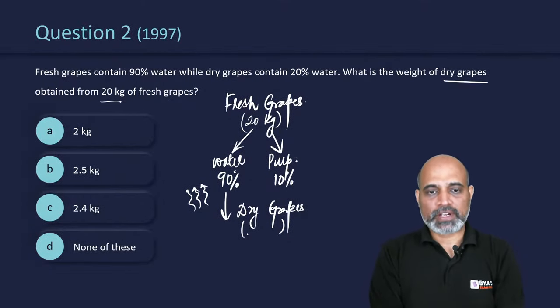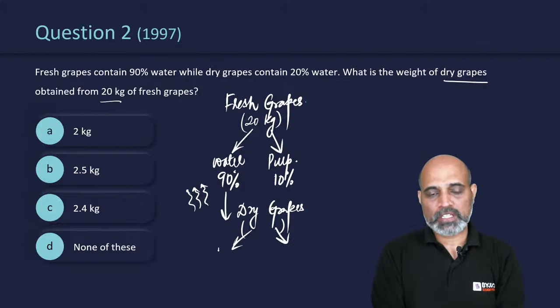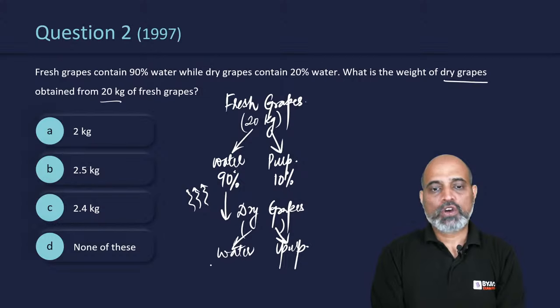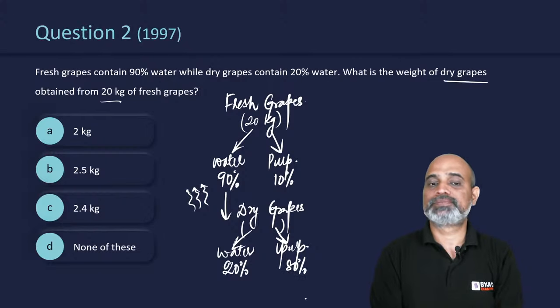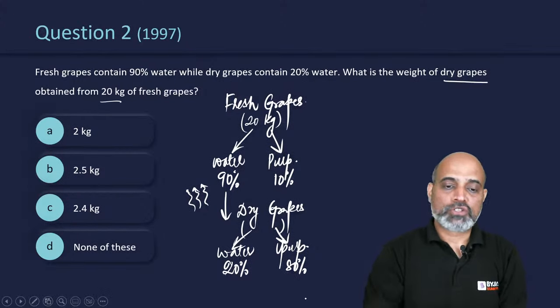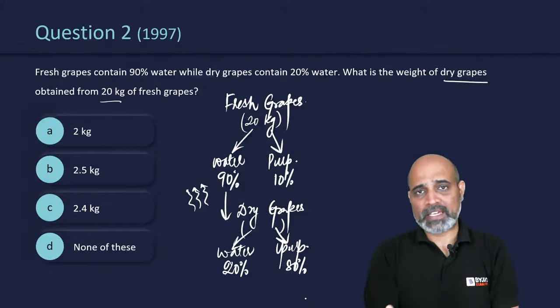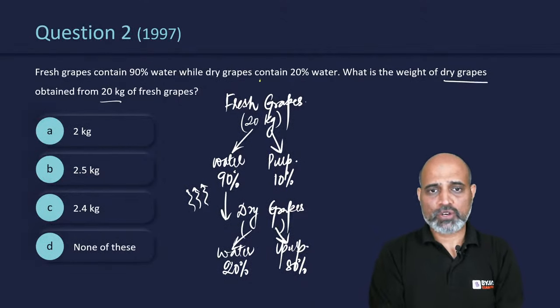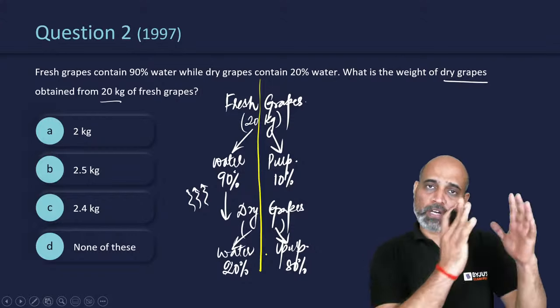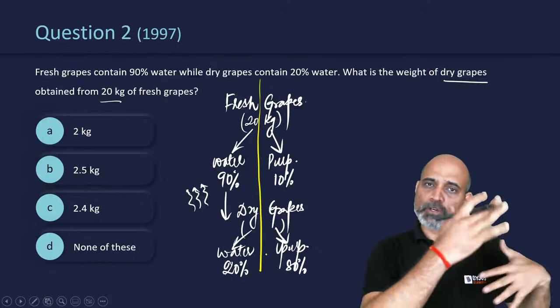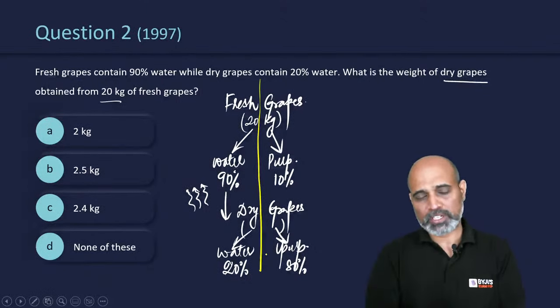So dry grapes will also contain the two components. It will contain water as well as pulp. Water, as per the question, is given as 20% and pulp is going to be the remaining 80%, right? So this is a question based on base change of percentages. If I divide it into two parts, the first column is only about water and the second part is only about pulp.